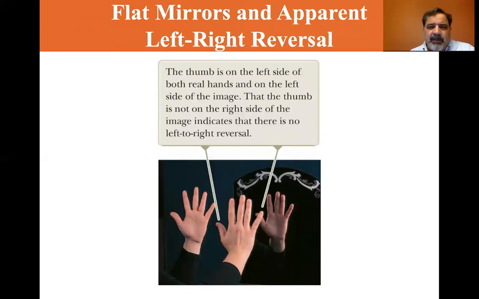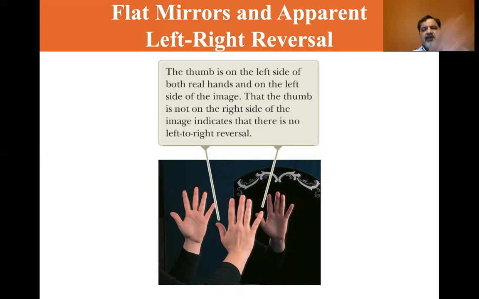Okay, we're going to talk a little bit about left-right reversal. Here it says the thumb is on the left side of both real hands and on the left side of the image. That the thumb is not on the right side of the image indicates that there is no left to right reversal. We discussed this in class, the fact that the left to right reversal is really a perception on our part.